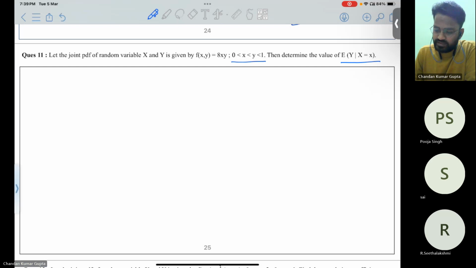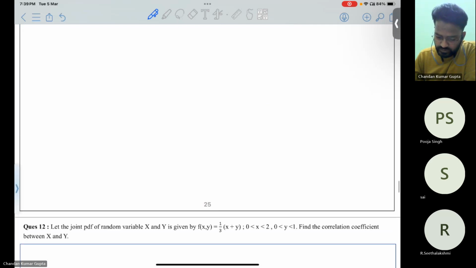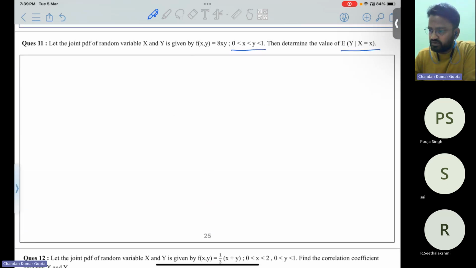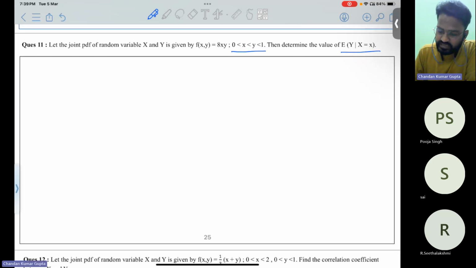So for the expected value of this, we need to calculate the PDF of y given x first. We need to calculate the PDF of y given x.